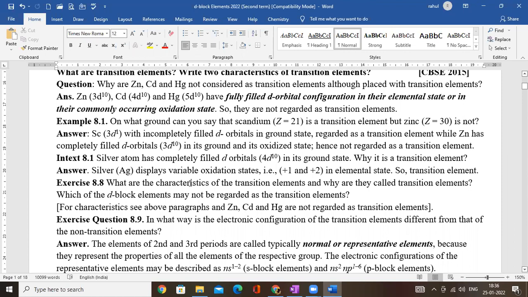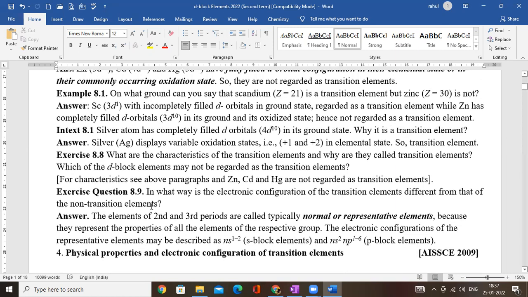The characteristic is this, because ns and (n-1)d have compatible energy. Why are they called transition elements? Because their properties are intermediate between the s and the p block, sandwiched between both of them. Which of the d block elements may not be regarded as transition elements? Zinc, cadmium, and mercury should not be regarded as transition elements, although they have been placed with the transition elements.